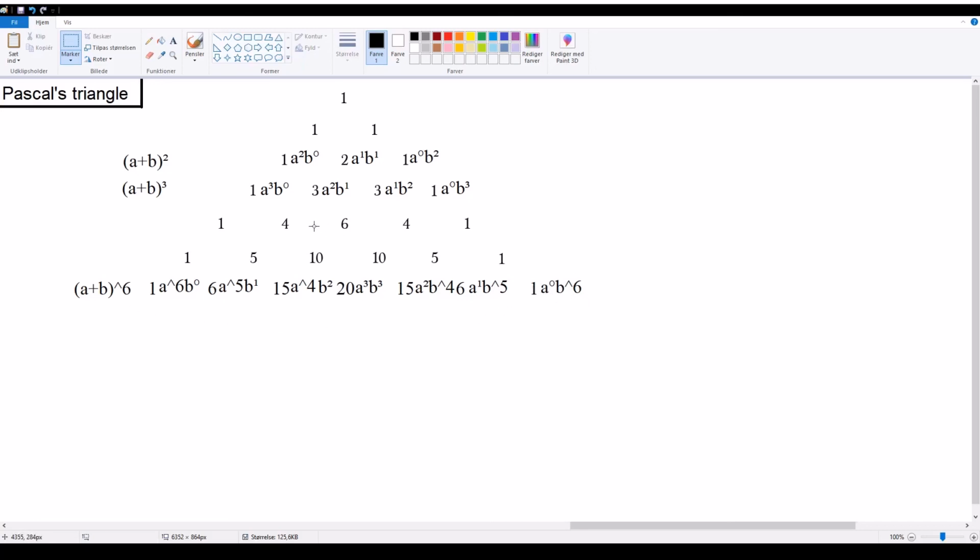And you would essentially just write all of these down in the order you please, because it's all addition, so the order doesn't really matter. But it's essentially how you can find any binomial degree you want.